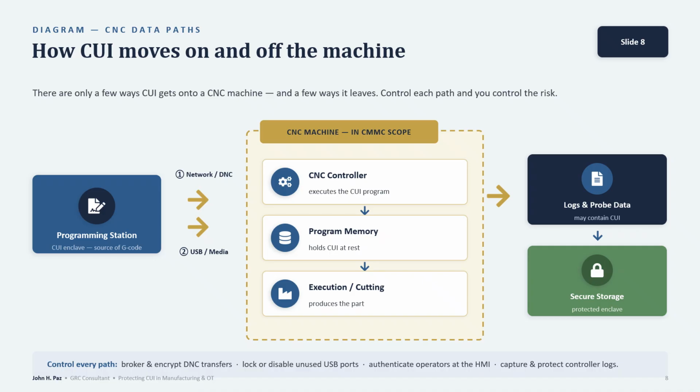On the way out, logs and probe data that may contain CUI should flow back to the secure storage. The reason this matters: there are only a handful of entry and exit points. So if you broker and encrypt network transfers, lock down USB, authenticate operators, and protect the logs, you've covered the machine's real attack surface.